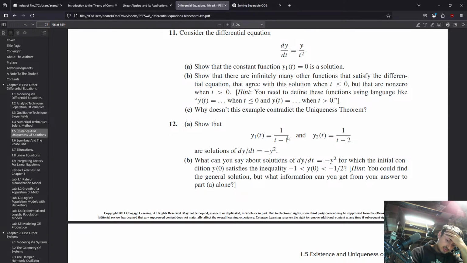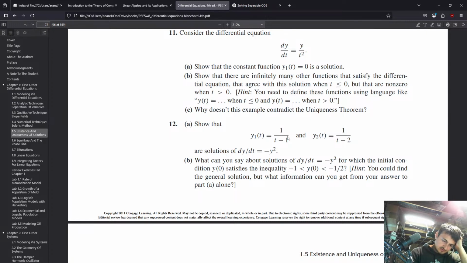All right, so we need to say that minus 1 over t minus 1 squared is equal to minus 1 over t minus 1 squared, which is true.